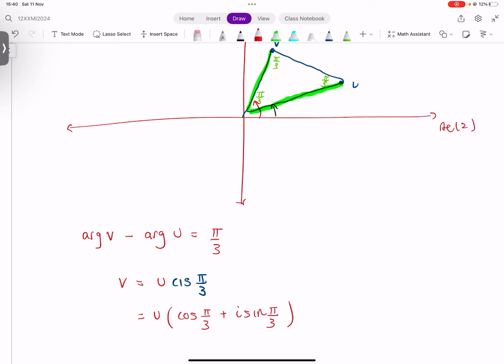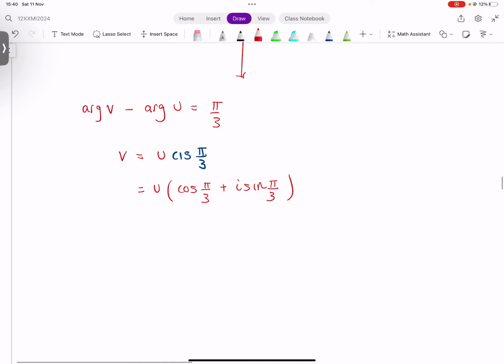So we're allowed to do that because cis of pi on 3 has a modulus of 1. So multiplying U by cis of pi on 3 is simply going to add only to its argument but not affect its modulus. Let's have a go at substituting that into our formula.